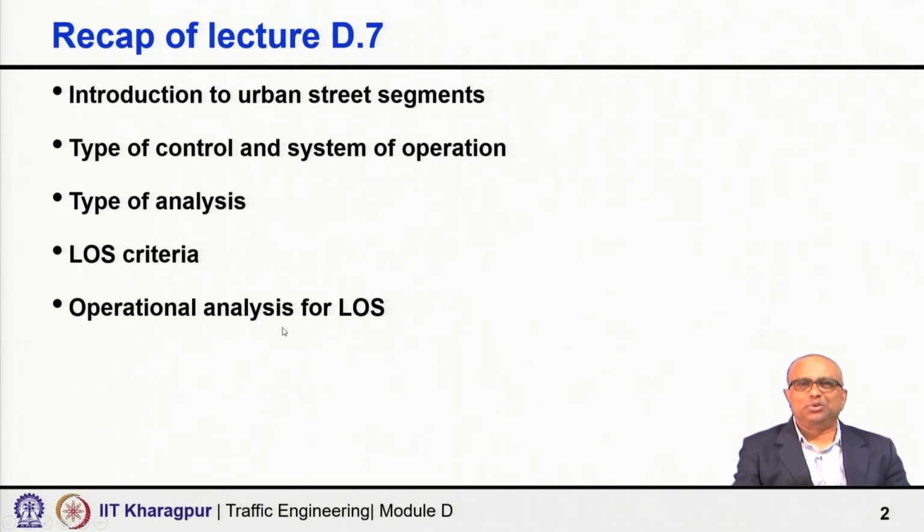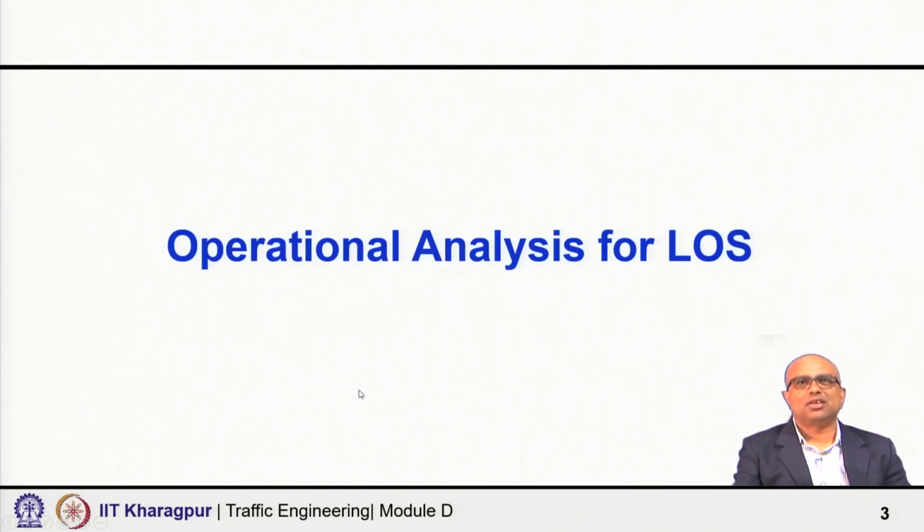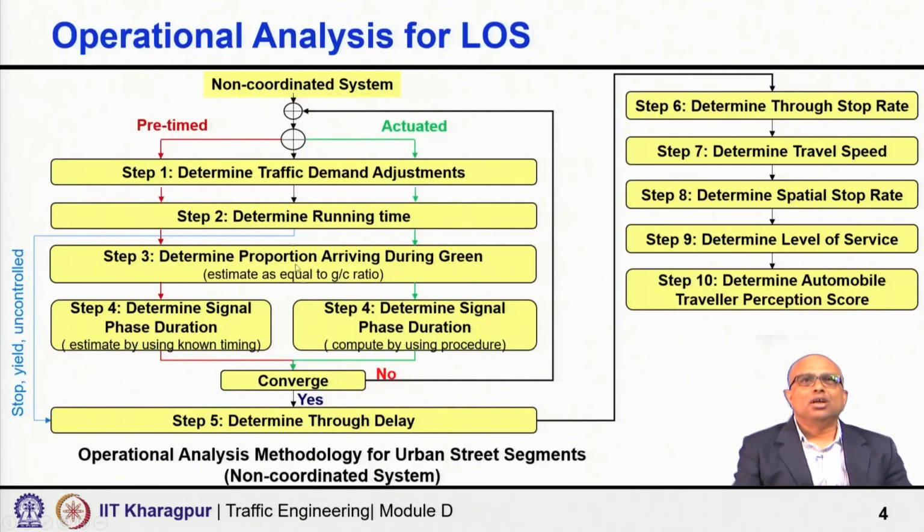I just mentioned two flow charts showing the steps, but I did not go into detailed discussion. So, today we shall discuss each step as indicated in that flow chart for operational analysis. This is the flow chart for non-coordinated system.